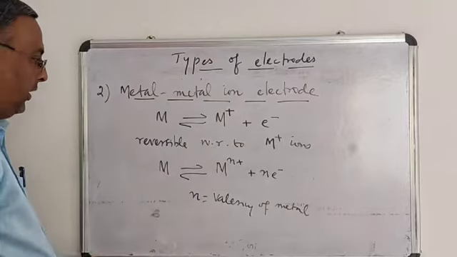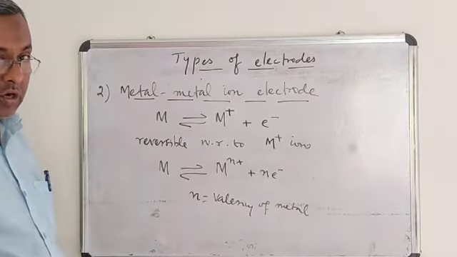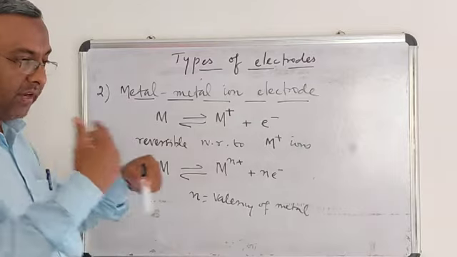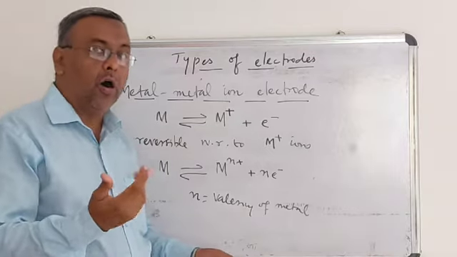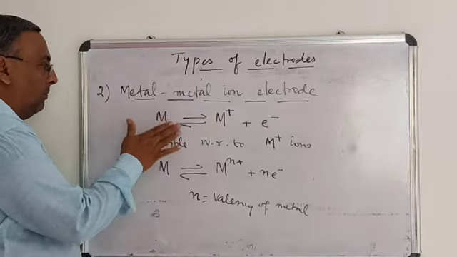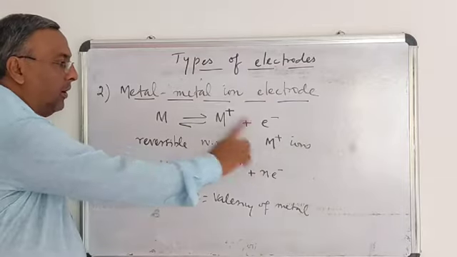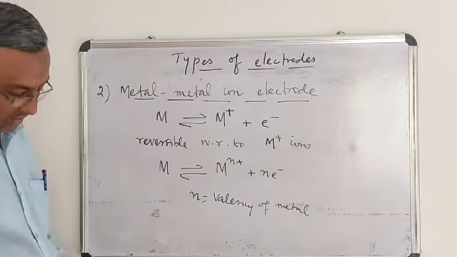Depending upon the valency of the metal, the number of electrons oxidized or gained or liberated varies. So the metal ion electrode is reversible with respect to metal ions, that is M plus ions.